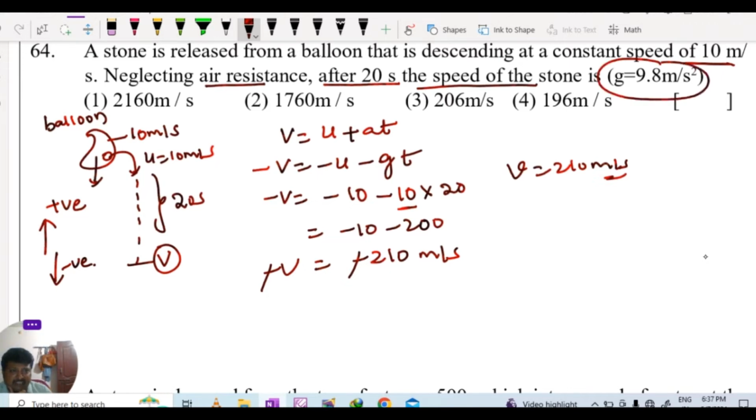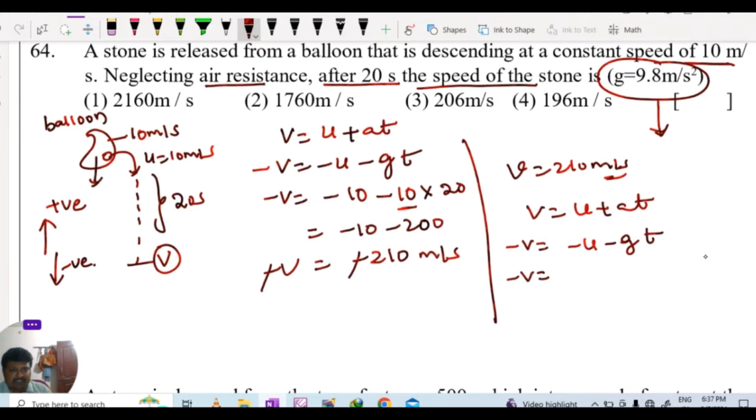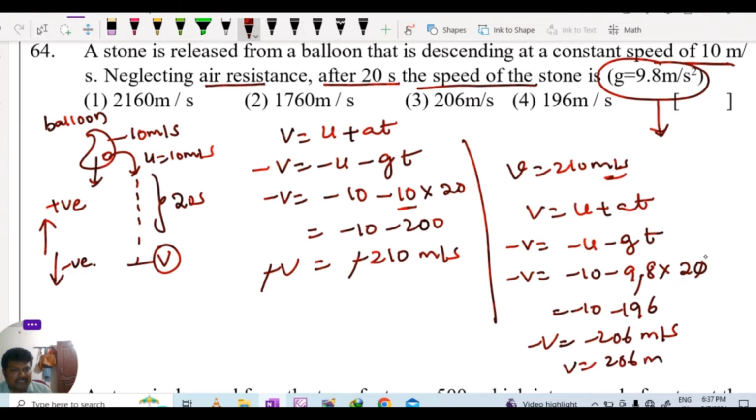But here g value is given as 9.8 meter per second square. So in the same equation, v equal to u plus at, if you substitute 9.8 in place of g, minus v equal to minus 10 minus 9.8 into 20, that is minus 10 minus 196, that is equal to minus 206 meter per second, that is equal to 206 meter per second. So option 3 is the right answer.